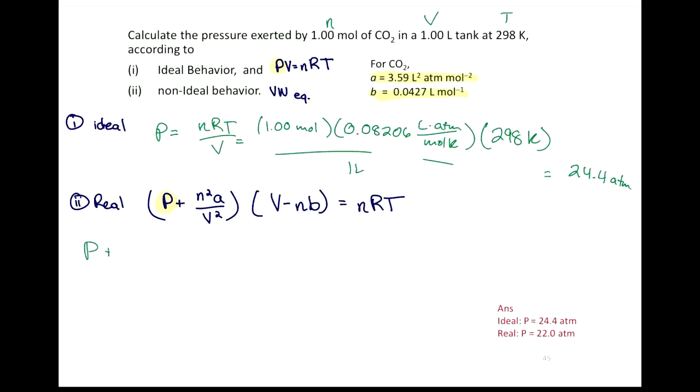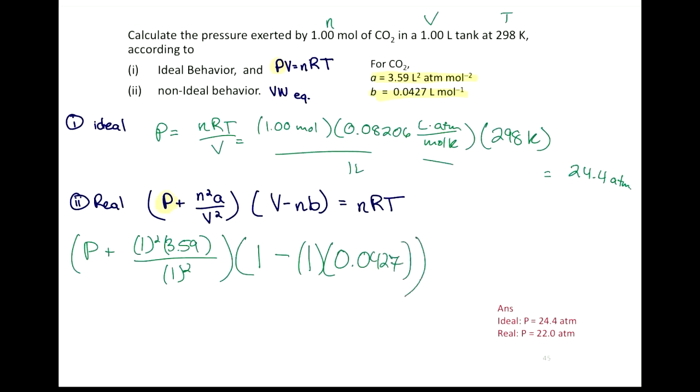So we're solving for pressure, plus n squared, so moles squared. I'm just going to drop my units. Our a term, 3.59, over volume squared, so 1 liter squared. All of that in parentheses is my adjusted pressure term, times the new van der Waals volume term: 1 liter minus n, 1 mole, times the b term, 0.0427, equals nRT.